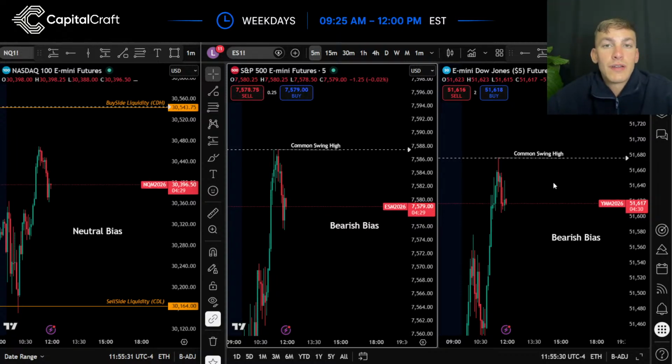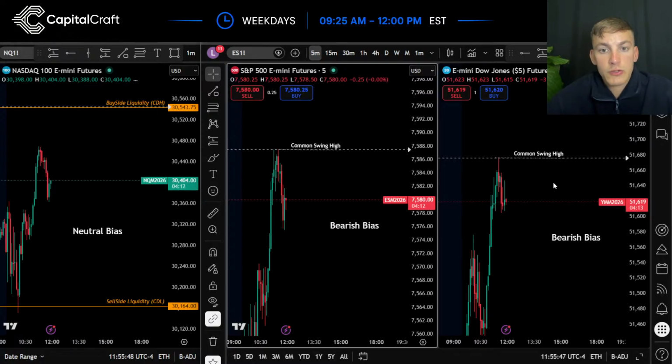We've also seen a raid in that buy-side liquidity on the Dow Jones, which is on the right of your screens. Now, with the Nasdaq 100, we have seen a raid in that sell-side liquidity, and it did give us a very good possible scenario of going long. But the only reason I'm not comfortable with going long is because of the buy-side raid found on the Nasdaq, on the S&P 500, as well as the Dow Jones Industrial Index.